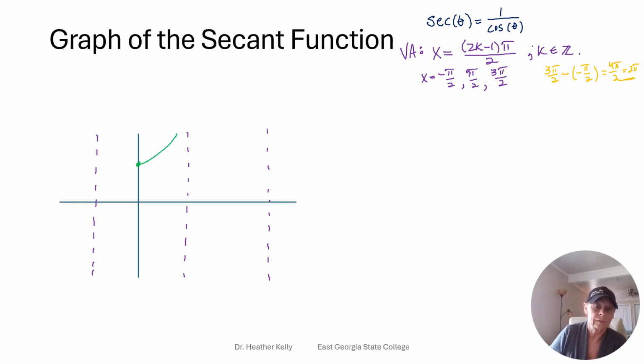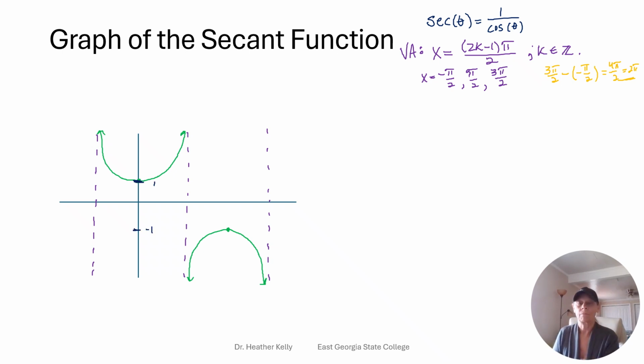Oh, let me draw better. I'm sure you can imagine at this point that this is happening at, this is like 1, and this is going to be negative 1. All right, and let's get some of our info here.